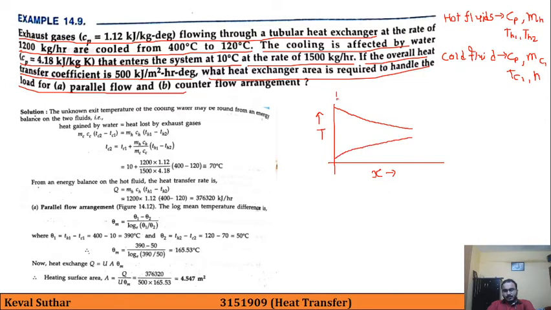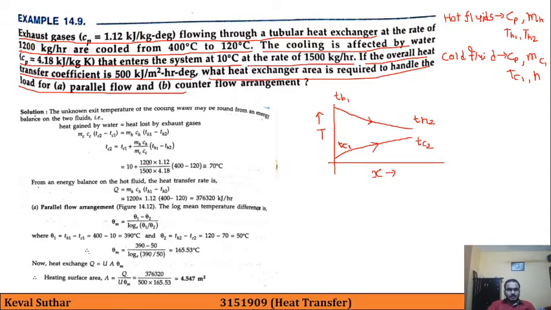So here we will have TH1 and here TH2, here TC1 and TC2. The direction is this.